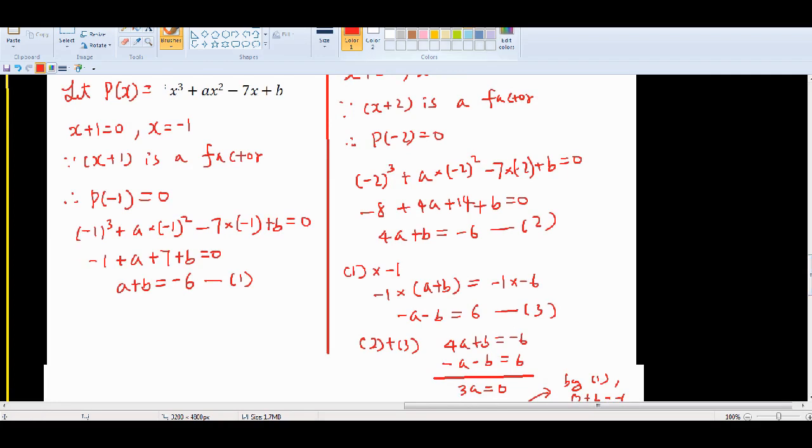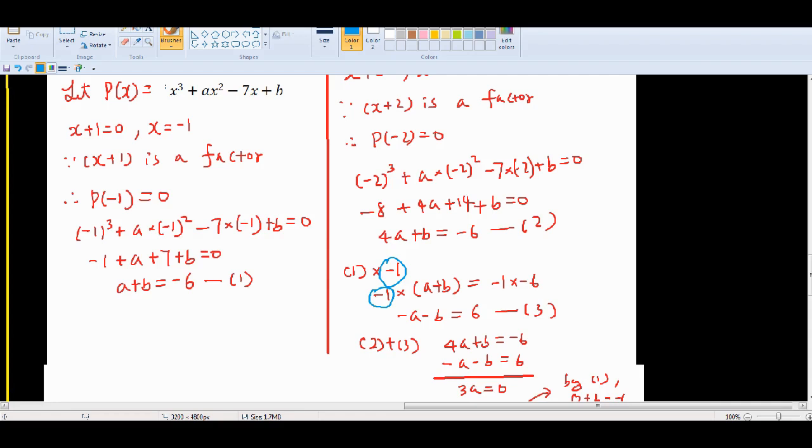As I remind you, you need to cancel out either a or b, but this time b is much closer because both are positive b. So if I multiply minus 1 onto equation number 1, then you will have an equation number 3, which is minus a minus b equals 6.